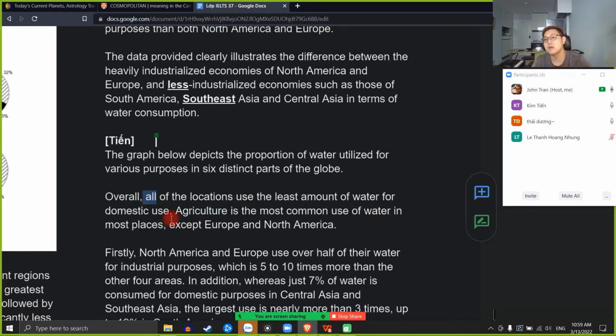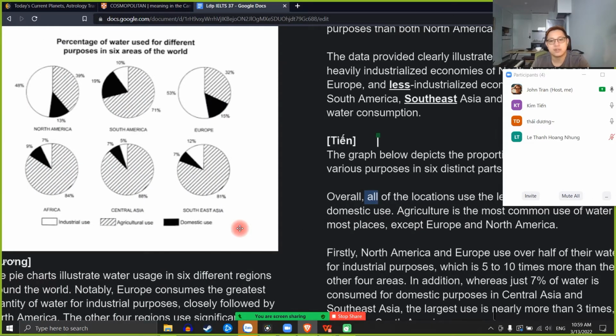No, wrong. Most of the location, not almost of the location. Sai rồi nha. Ok, nó phải là most of the location chứ không phải là almost of the location nhé. Không có chuyện almost of the location nha các bạn. Không, chỉ có 3 chỗ là cái domestic use nó nhỏ nhất thôi, trên tổng có 6 cái, không thể nào là most được.